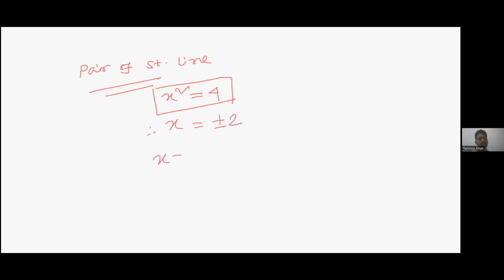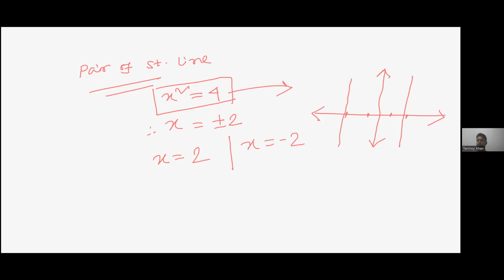So one is x is equal to 2, one is x is equal to minus 2. This will be your x is equal to 2, this will be your x is equal to minus 2. This is the axis. So this equation denotes this pair of straight lines.